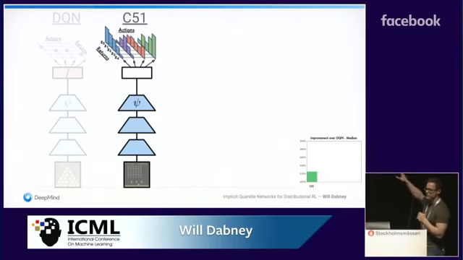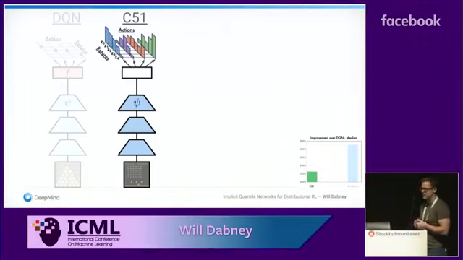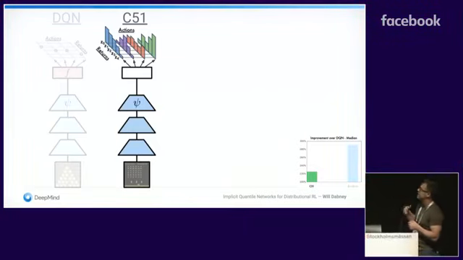I'm showing the improvement over DQN in the bottom right here, but there are limitations to it. Later, Matteo Hessel put out the Rainbow agent, which is kind of the state of the art right now in Atari. And what they did is they took all of those other improvements to DQN and showed that they combine orthogonally with C51, this distributional algorithm, and showed really amazing improvement on Atari.